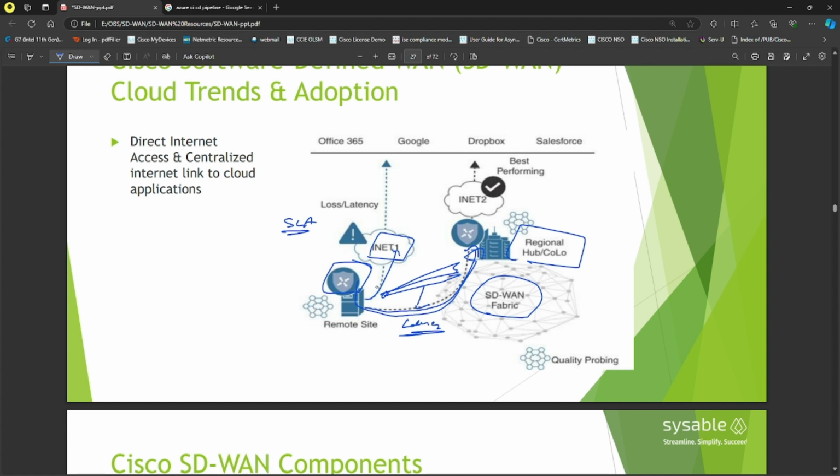Directly going to the internet, the ISP can have some kind of issues and they can run into loss or latency. But when you're connecting to your regional hub or data center, where you have high-speed internet, you can utilize it for a while until the ISP comes back online.